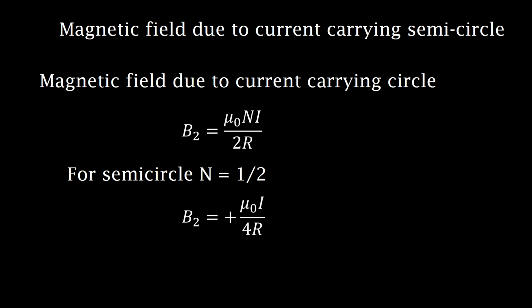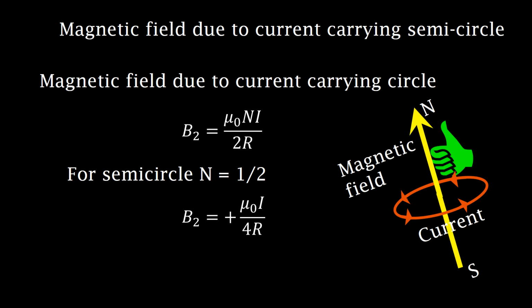To find the direction of the magnetic field due to the circular loop, we can use the right-hand curl finger rule, which states curl your right-hand fingers along the direction of the current, then the stretched thumb shows the direction of the magnetic field. In our case, it is pointed away from the page.